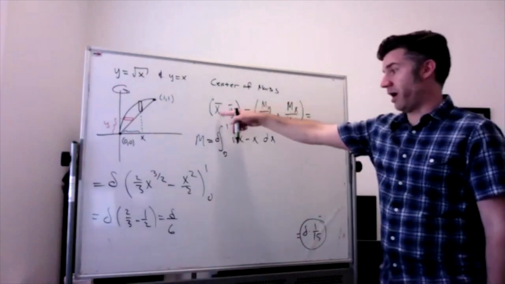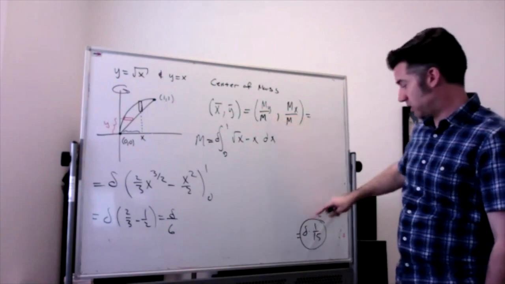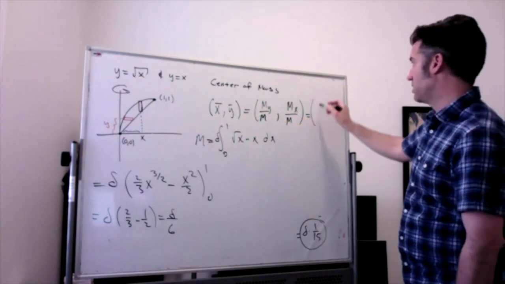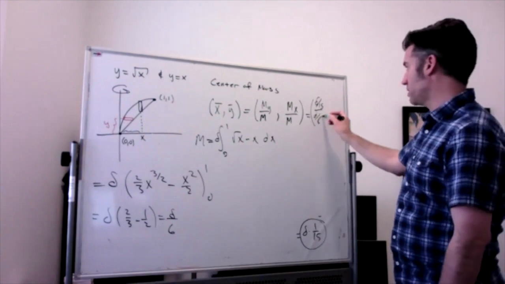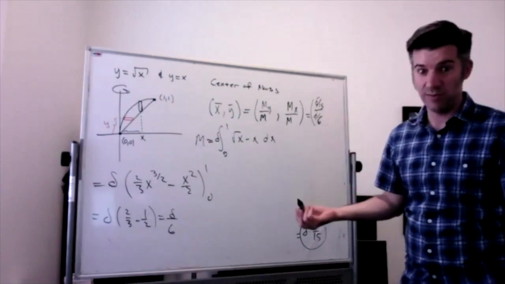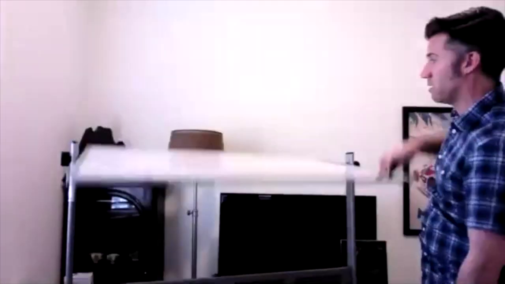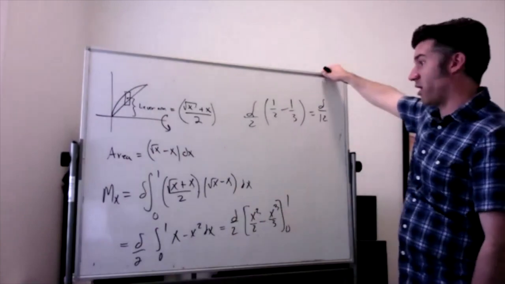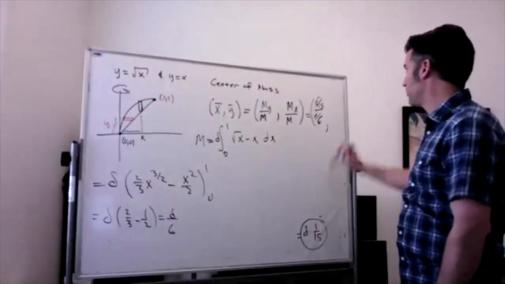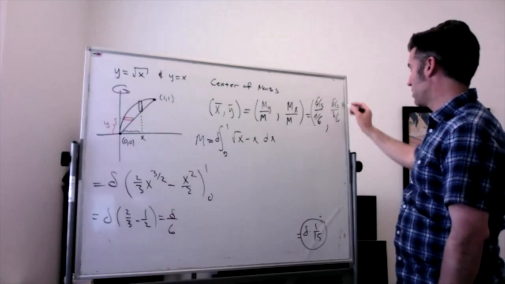So then our coordinates: x bar is going to be my, which is this. So it's delta over 15 over delta over 6. The deltas will cancel. And then for the second coordinate, it's mx, which was this thing, delta over 12, over delta over 6.